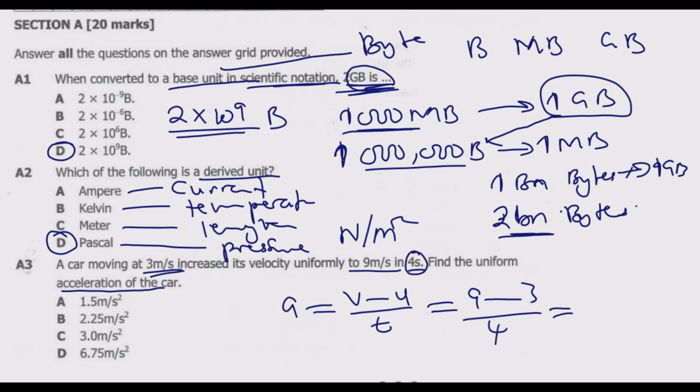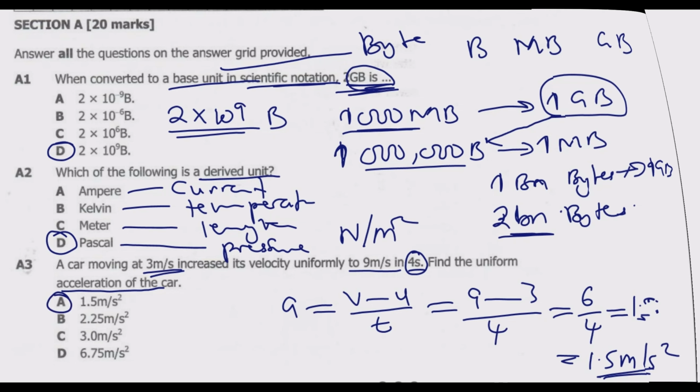Then we end up with 9 minus 3 is 6 over 4. Then 4 into 6 is 1, remainder 2. 4 into 2 is 0.5. So we have basically about 1.5 meters per second square as our acceleration, which is basically A. So A is the answer in this case.